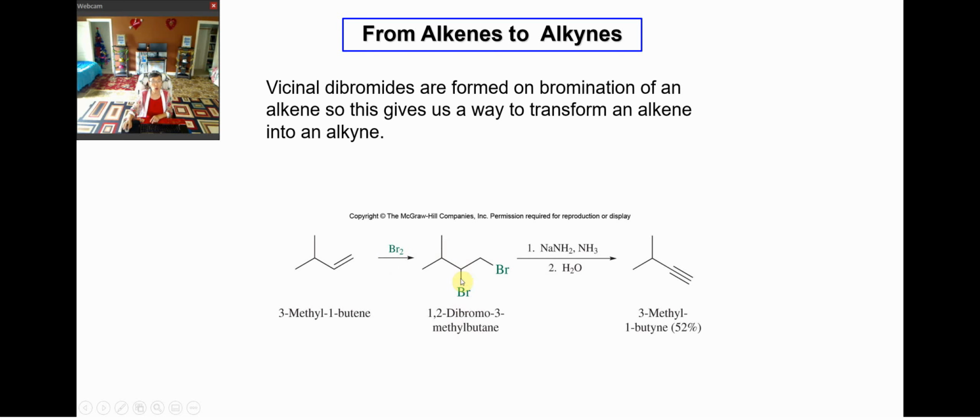You are going to form a vicinal dihalide, 1,2-dibromo-3-methylbutane, and then you go through sodium amide in liquid ammonia, and then you go through water. So you produce this 3-methyl-1-butyne. This is another way to produce an alkyne.